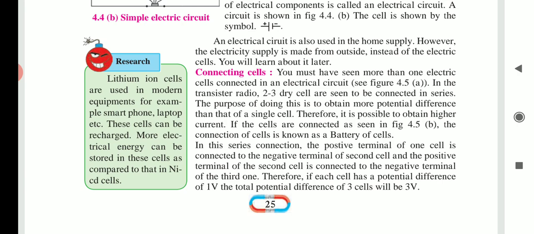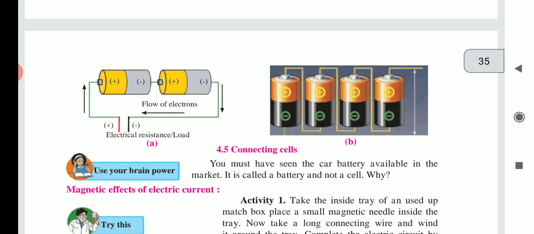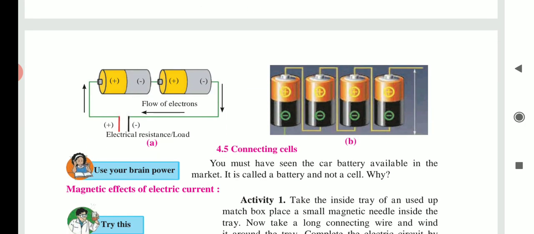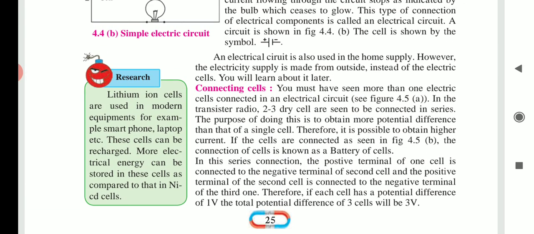If the cells are connected as seen in figure 4.5b, the connection of cells is known as a battery of cells. In this series connection, the positive terminal of one cell is connected to the negative terminal of the second cell, and the second cell is connected to the negative terminal of the third one.